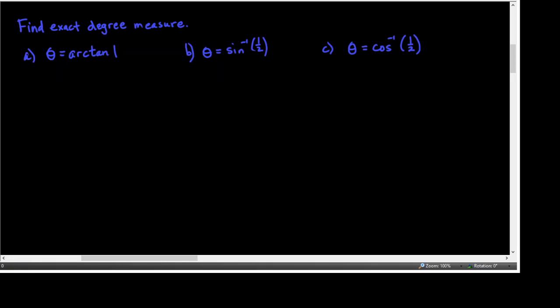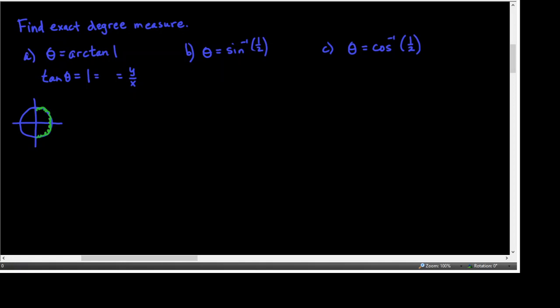All right, so writing this without the arc part, that means that the tangent of theta is 1. We know that tangent is y over x. So that's either 1 over 1 or it's negative 1 over negative 1. If we think about arctangent's restrictions, however, it can only be from negative pi over 2 to pi over 2.